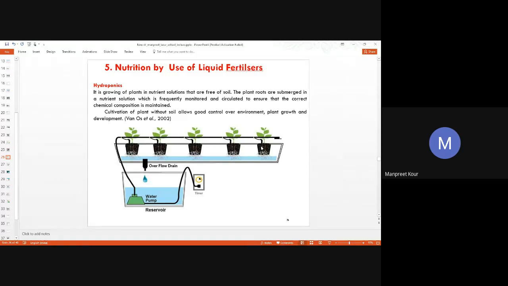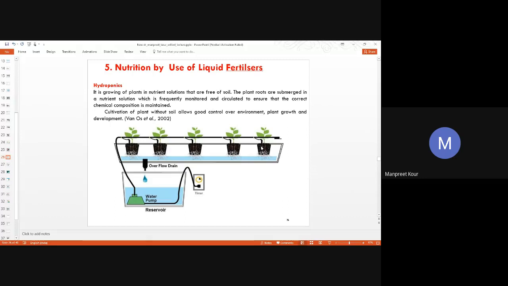If we see the picture of hydroponics given here, these are soilless media. We use media like perlite and coconut coir. We can use vermiculite here, which is rich in potassium.